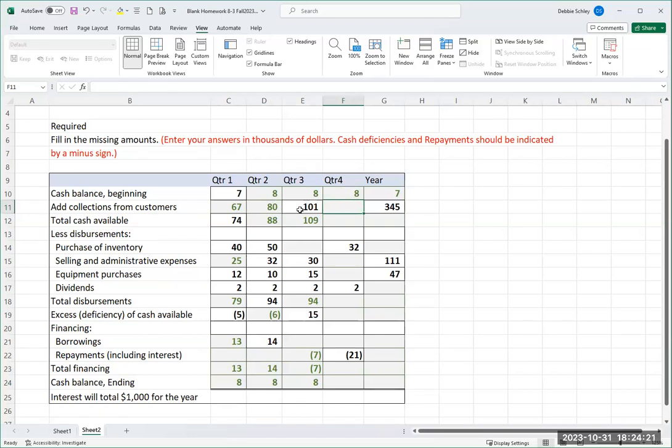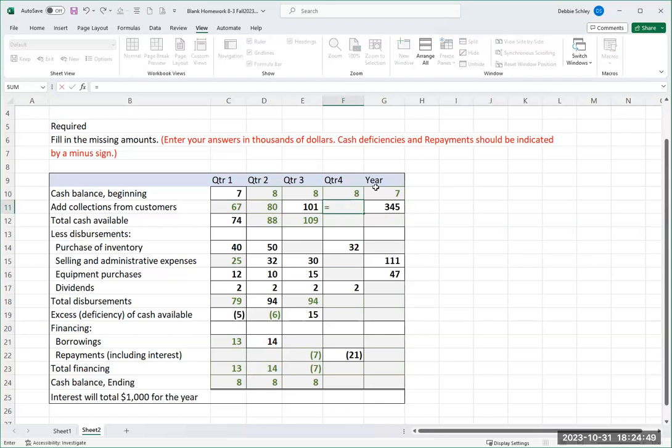Okay. Now Q4 gets a little tricky, but we can do this. So on collections from customers, that is one of the lines where we do add across, right? And so we know that this plus this plus this plus this equals the year balance.